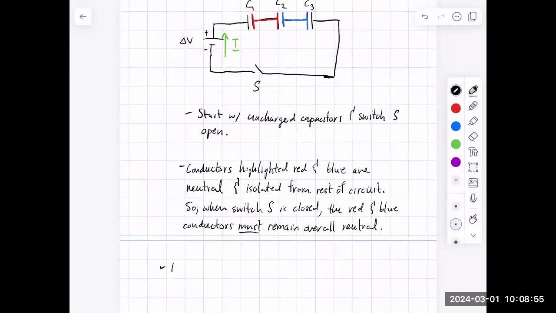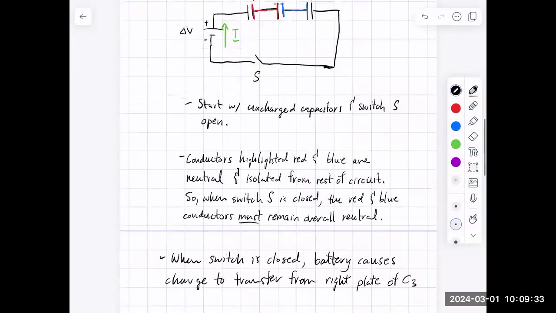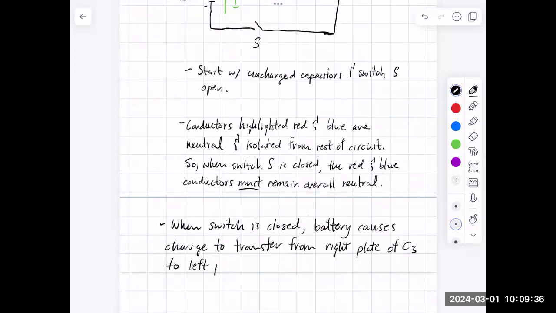Okay, so when the switch is closed, the battery causes charge to transfer, well, okay, we'll take negative charge from the right plate, sorry, positive charge from the right plate of C3 to the left plate of C1.